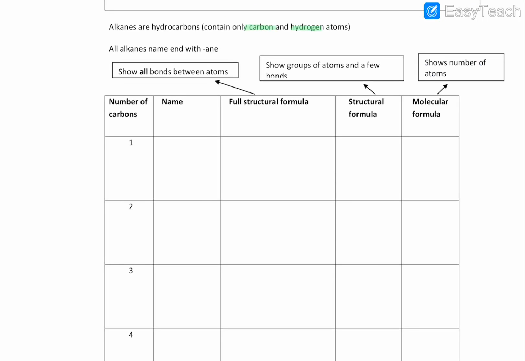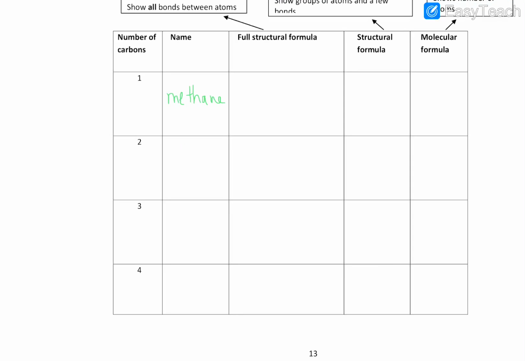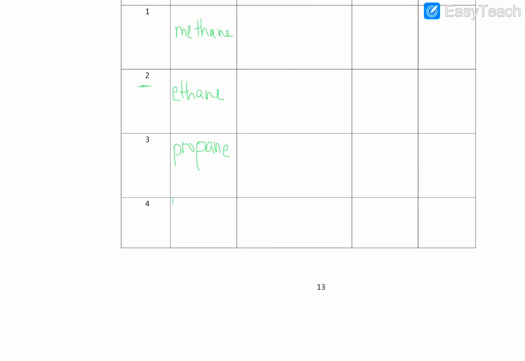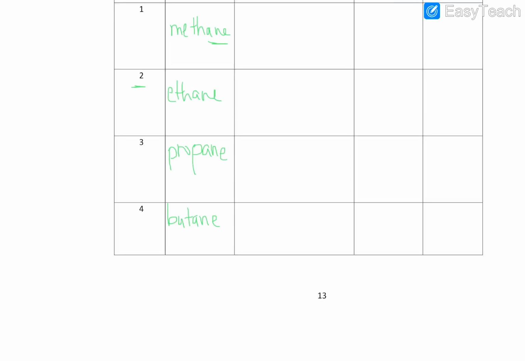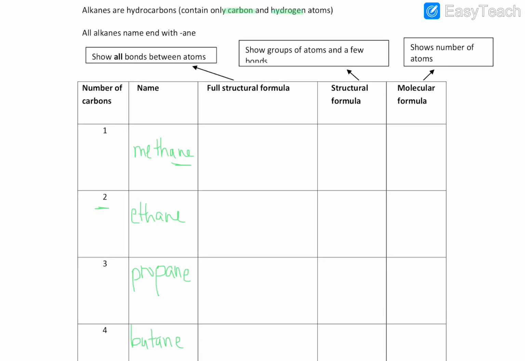One carbon atom: the name will start with meth, so methane. Two carbons: it will start with eth, so ethane. Three carbons: prop, so propane. Four carbons is butane. It should end with -ane, and the prefix tells you how many carbons there are. You should know the prefixes and what they mean.